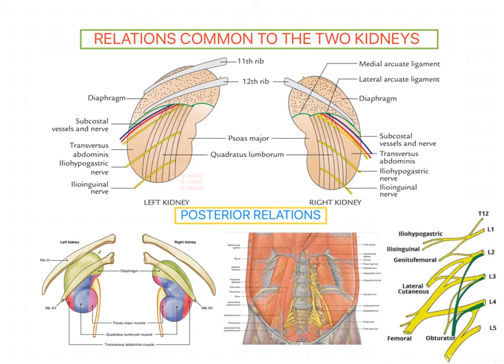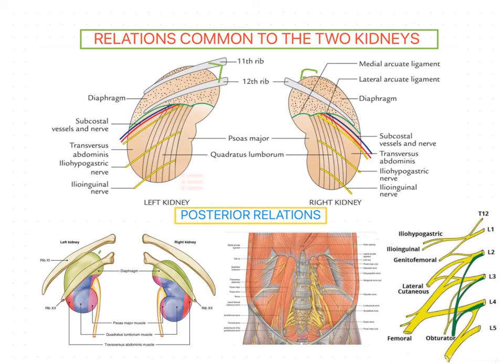For example, the right kidney has the right suprarenal gland, and the left kidney has the left suprarenal gland.